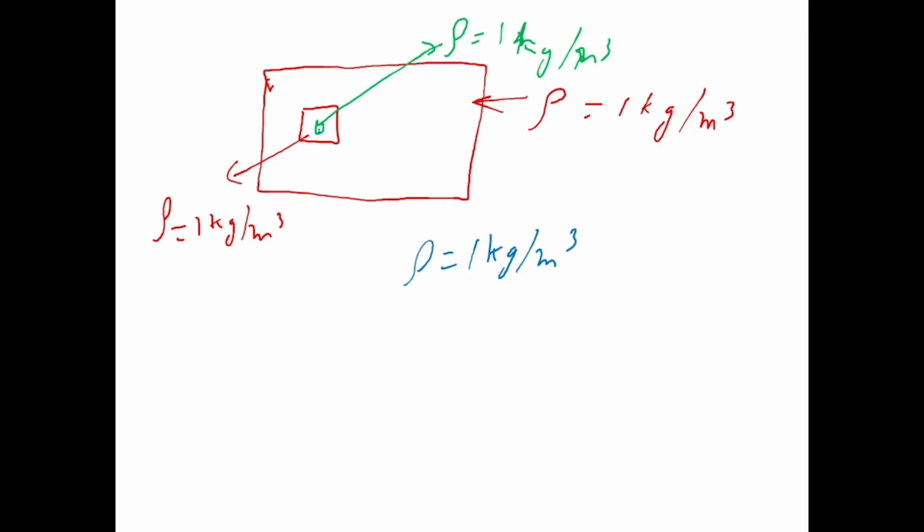You're saying that at any point, no matter how small the volume, the material property is going to be uniform and the same. But that is an approximation, and I'll try to explain why. When it comes to density, how do you get density? Density is nothing but total mass divided by the volume of the system that you're looking at.